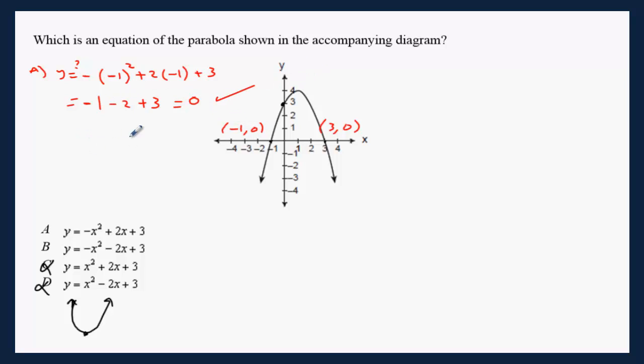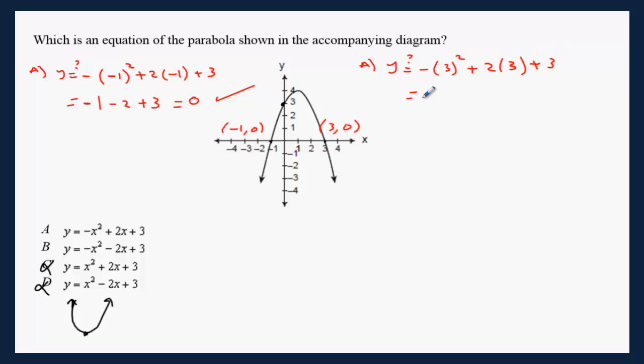Let's try the second point, (3, 0). We're still in choice A. y equals, we're going to substitute 3 for x, so you have negative, 3 in parentheses. Always put the substitution inside the parentheses like what I do here. Plus 2 times 3 plus 3.